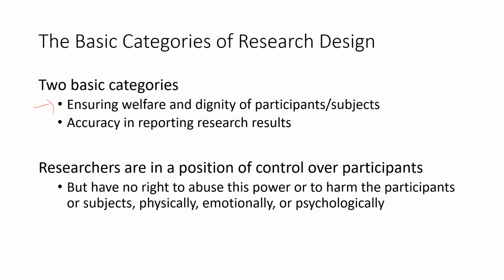This isn't a social psych class, so we're not going to talk about conformity too much, but just know that many people have a desire to conform or follow what they're told from someone they perceive to be in charge. And researchers are perceived to be in charge, so the participants are going to follow what they say even if it goes against their better judgment or goes against their own ethical principles. And again, we'll look at Milgram in just a little bit and see why that's such a concern.